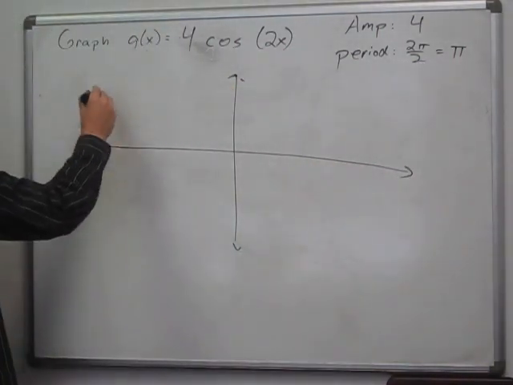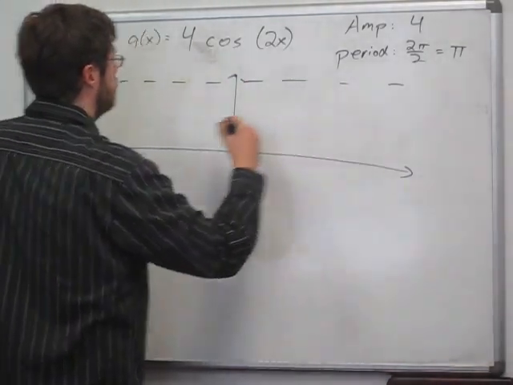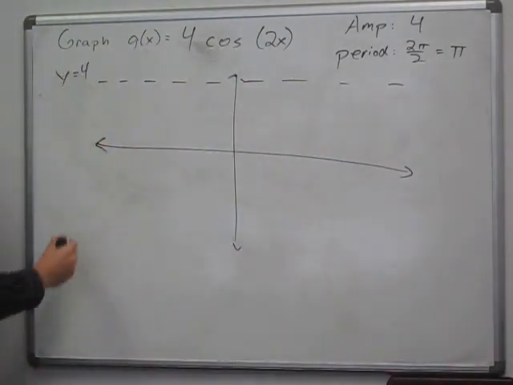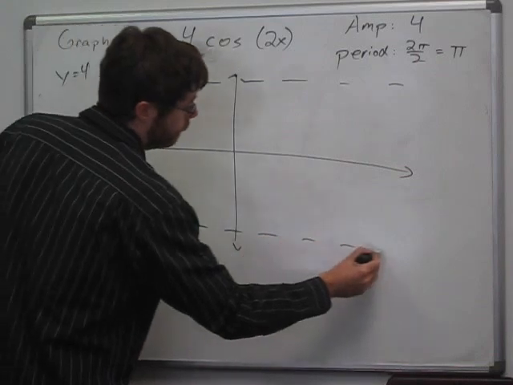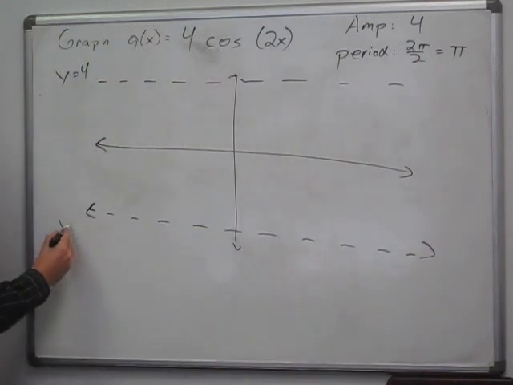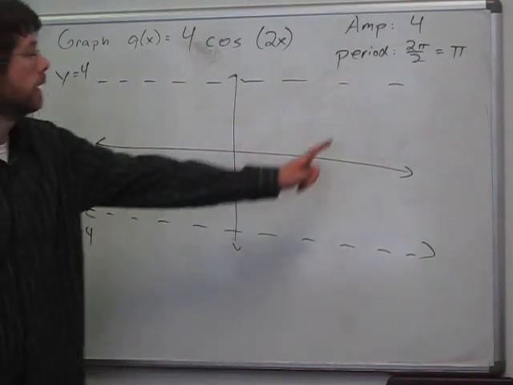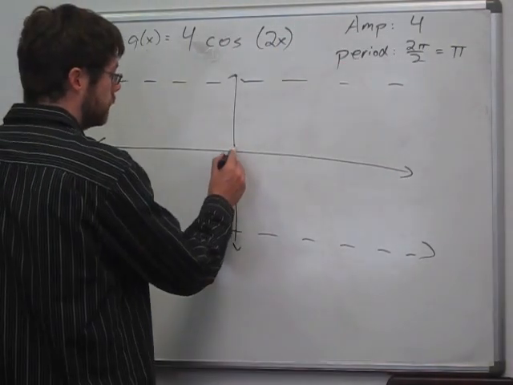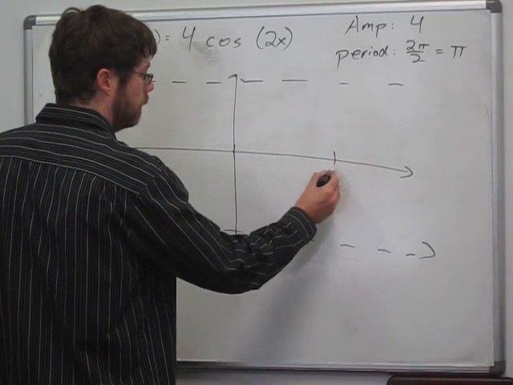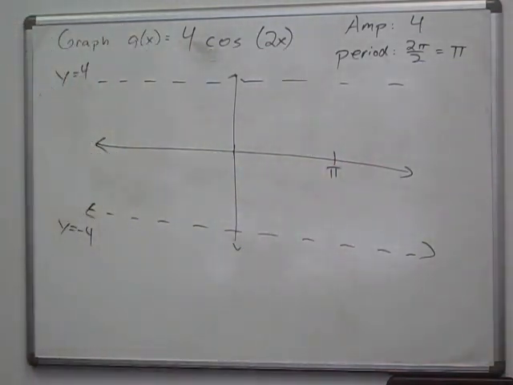So to graph the function, I'll throw in the bounds at 4 and -4. And then I'm going to start thinking about the period. So starting at 0, the first cycle completes at pi.